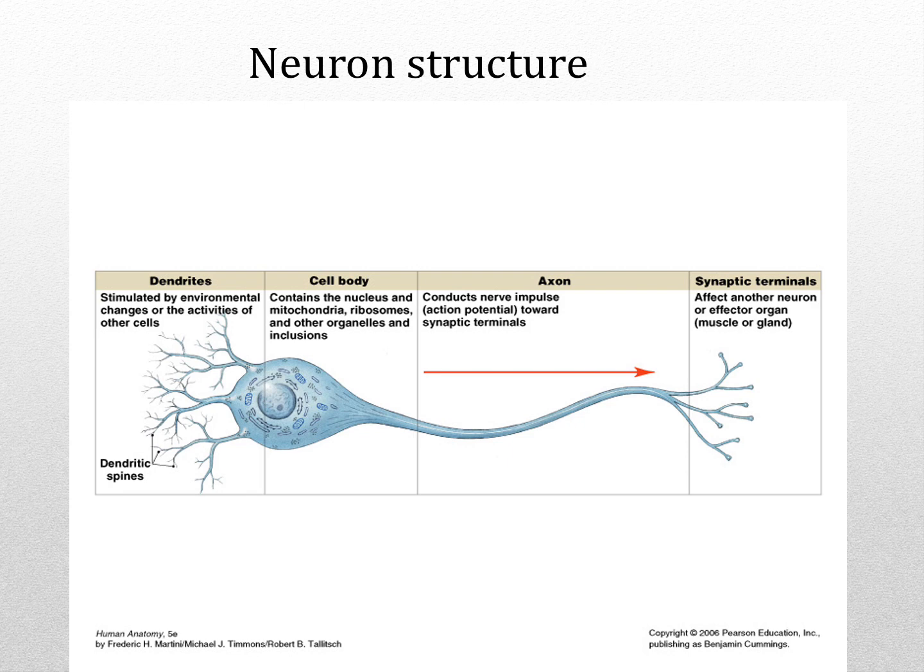Cell body, remember that, perikaryon, remember that. And then the conduction will move forward towards the axon. Form is for function, and it's long, so that's why we have that. The action potential moves towards the synaptic terminals. And here they are, the axon terminal, and then you have the terminal boutons.